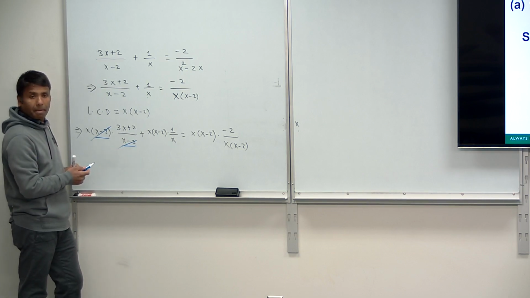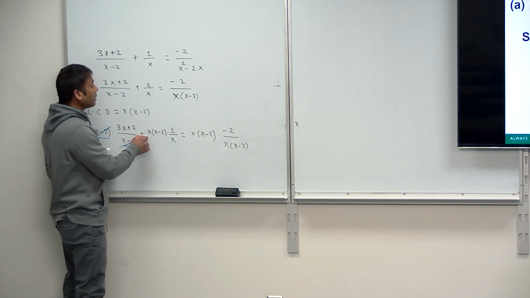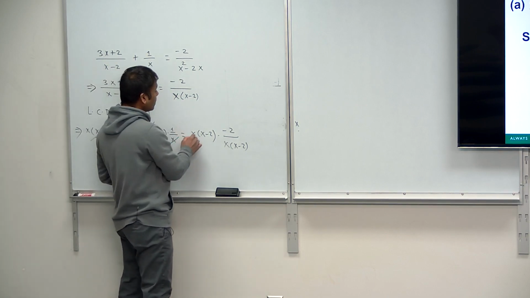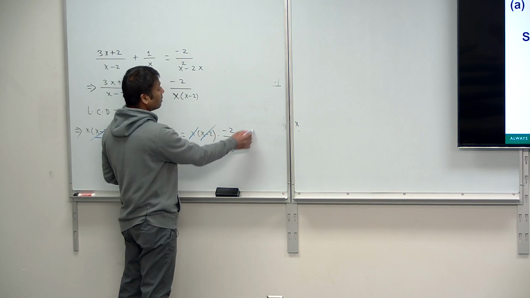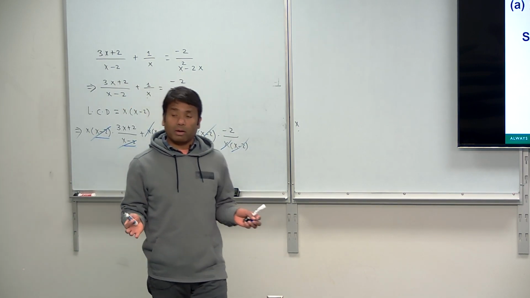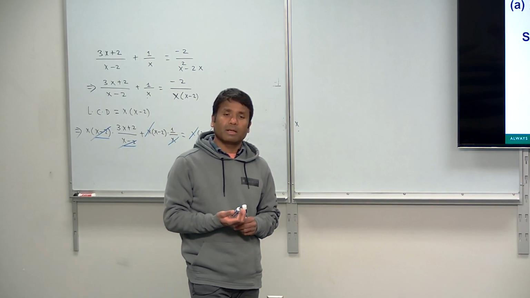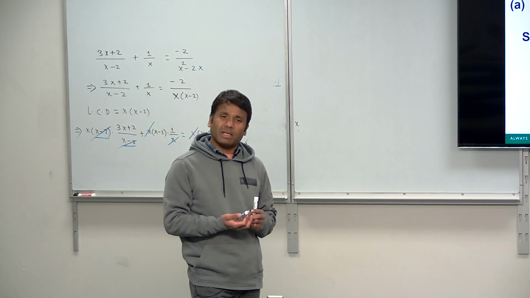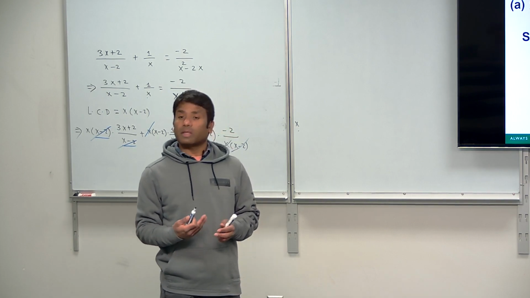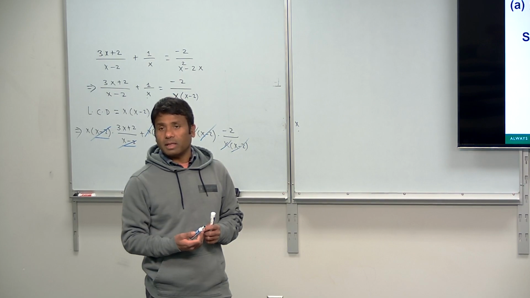Yes? And similarly here, this x and x you can cancel, and here x and x, x minus 2, x minus 2. Did you see that? You got rid of the denominator. That makes sense? So that is the purpose of multiplying both sides by the LCD.